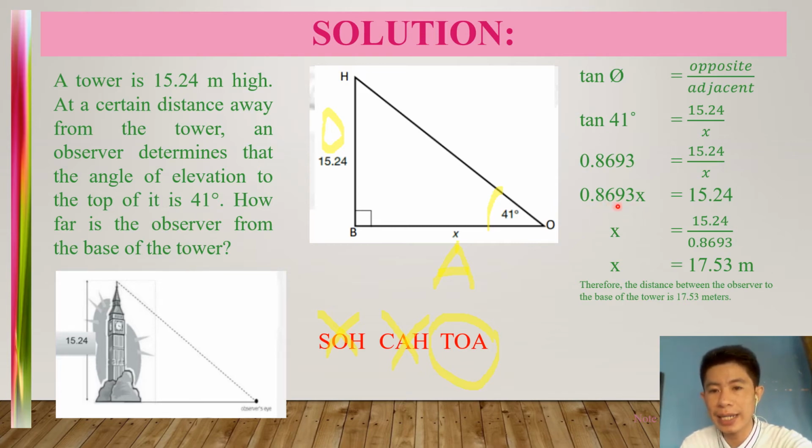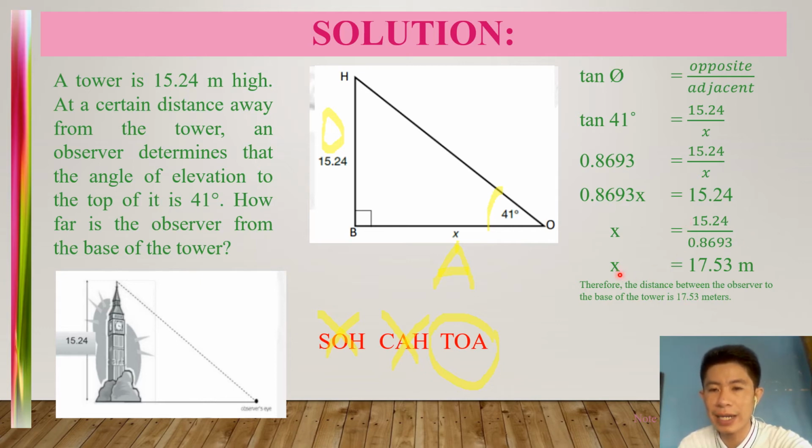So 0.8693x divided by 0.8693, the 0.8693 cancels out and x remains. On the other side, it becomes 15.24 divided by 0.8693. So we simply divide both sides of the equation by 0.8693. On the left side, it is cancelled, but on the right side it remains.